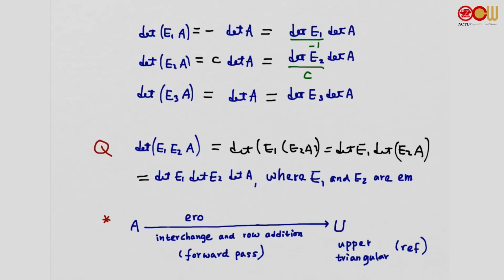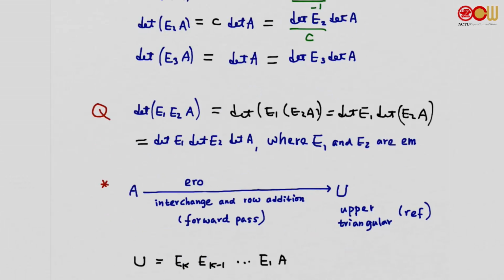Now let's use what we have learned on Gaussian elimination. Remember, in Gaussian elimination, we apply a series of elementary row operations, and in steps 1 to 4, we have the forward pass. In the forward pass we use row interchanges and row additions, and we arrive at row echelon form, not reduced row echelon form, just row echelon form. And this row echelon form is an upper triangular matrix.